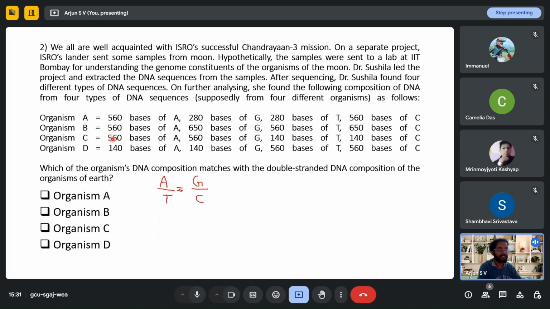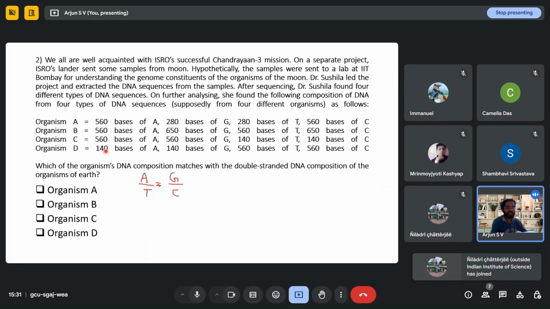In organism C, 560 by 140 is 4, and 560 by 140 is once again 4. And in organism D, 140 by 560 is 1 by 4, and 140 by 560 is 1 by 4. So among all this, B, C and D match A by T equal to G by C.